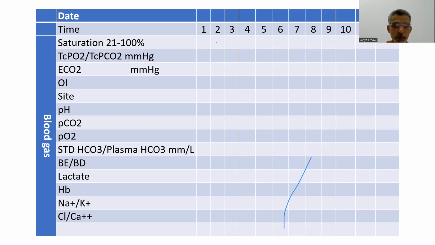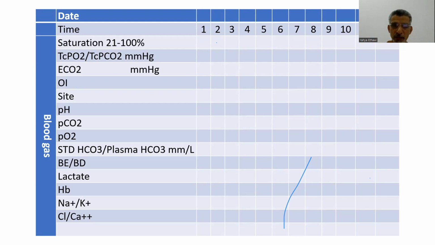So remember that the bicarb measured by blood gas is calculated, it is not real. It is calculated from the CO2 and the pH, while the plasma one is actually measured chemically.